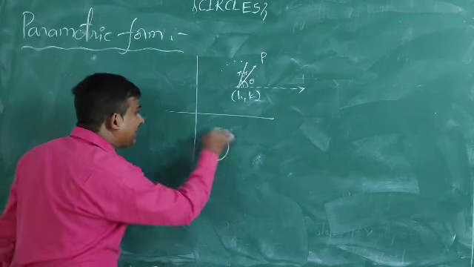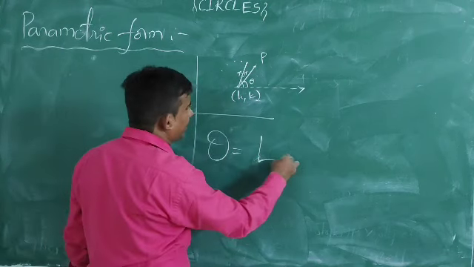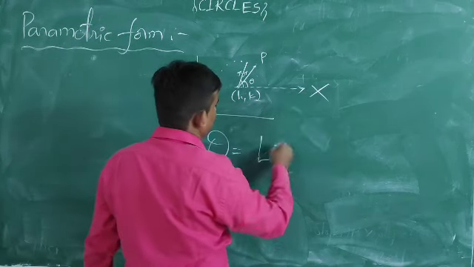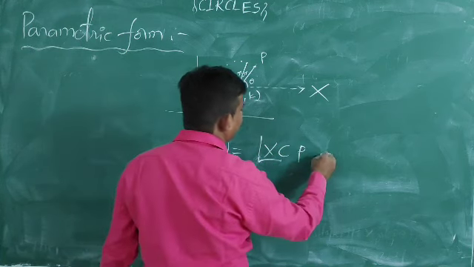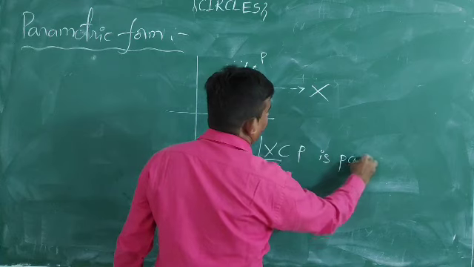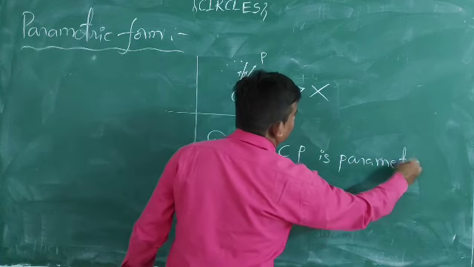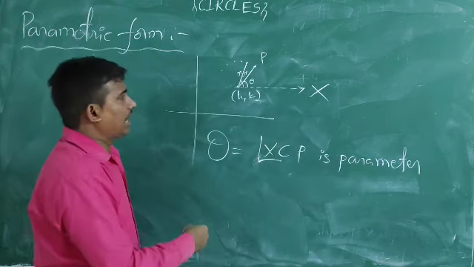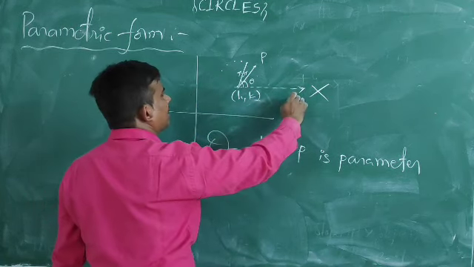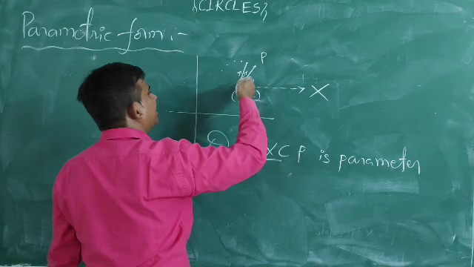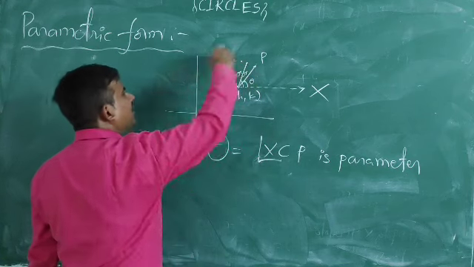Please remember, theta is the parameter: the angle made by the positive direction of the x-axis, or its parallel line, and the line joining the center to any point on the circle.